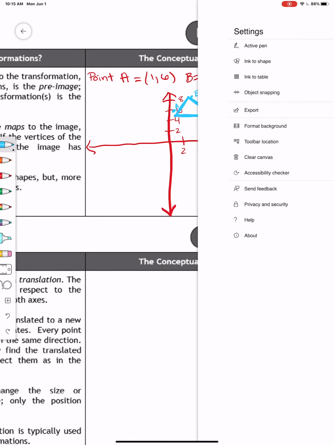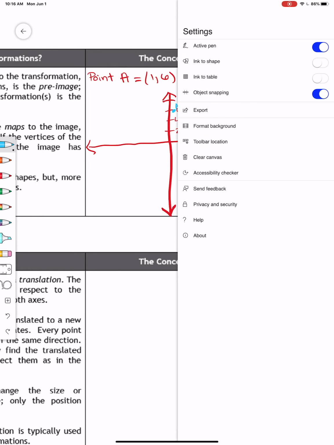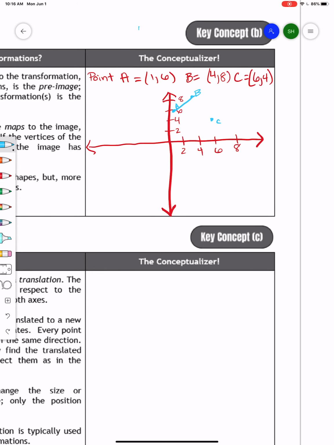I'm going to redraw that line. Okay, so there's my triangle, right? These are all ABC.